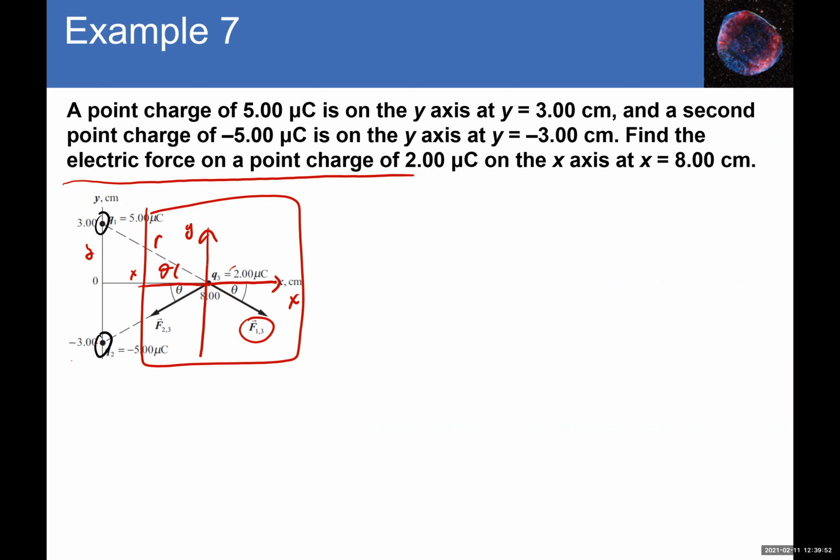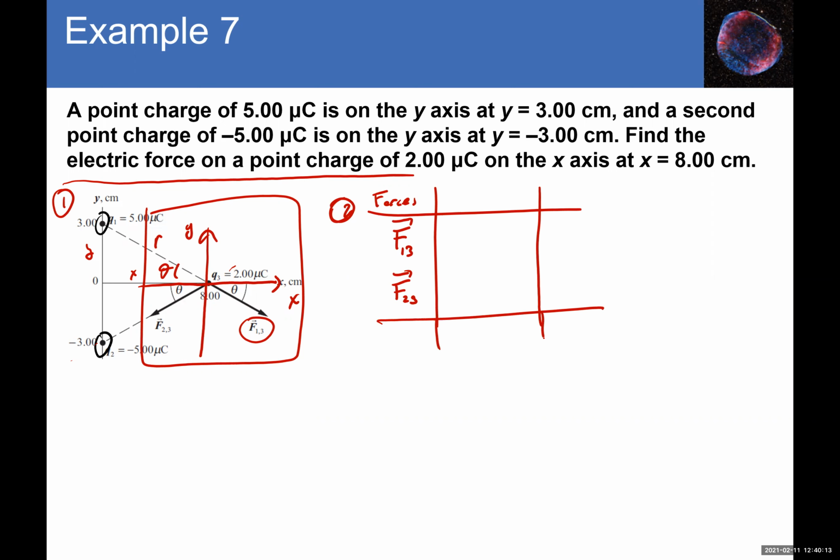Because this is now two-dimensional, I need to use the component method. So step 1 will be to do the free body diagram. Step 2 will be to do the force table. These are my forces: F13 and F23.